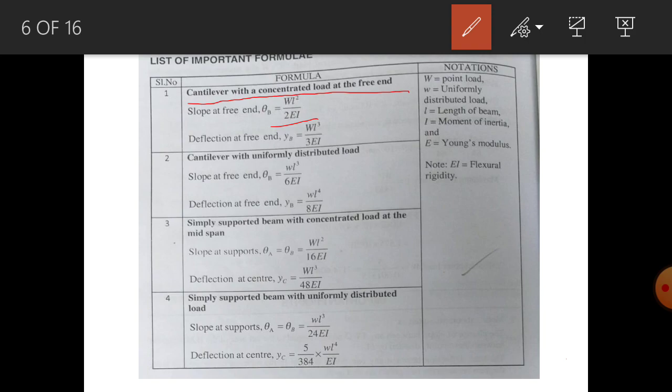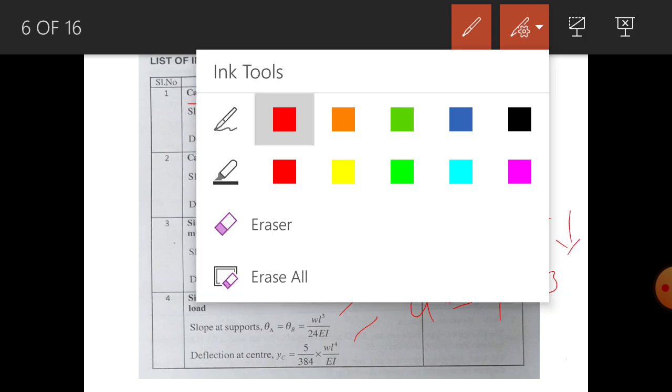You can see the power here: it is square, it is cube; it is cube, it is raised to power 4. So in the same way, if slope has a power of 3, your deflection will have a power of 4. If your slope power is 2, then your deflection power will be 3. Remember this.